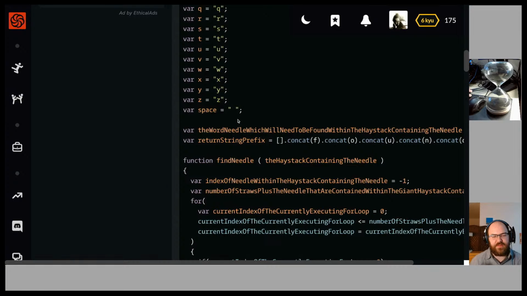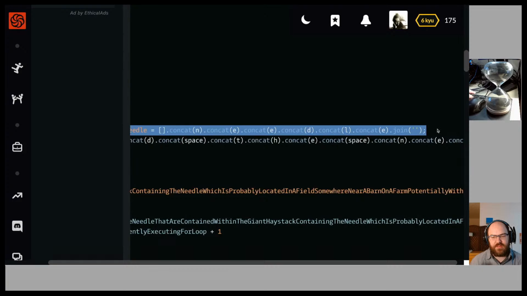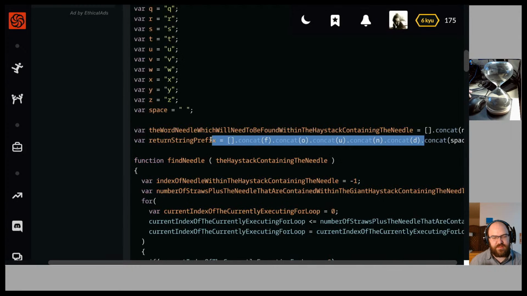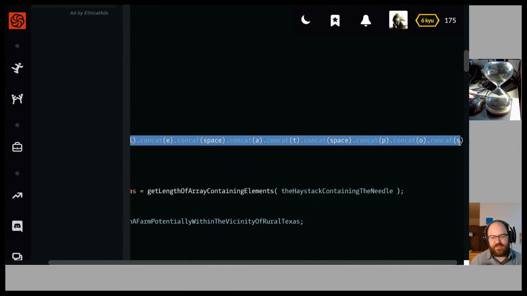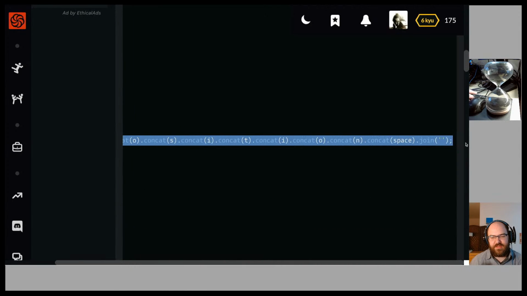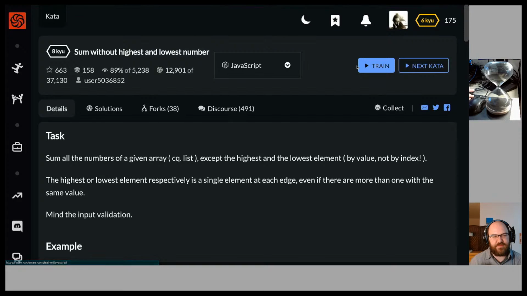What is this? This is... Oh, needle.join empty. Oh my gosh. FOUND space the space. That is just silly. That is just silly.